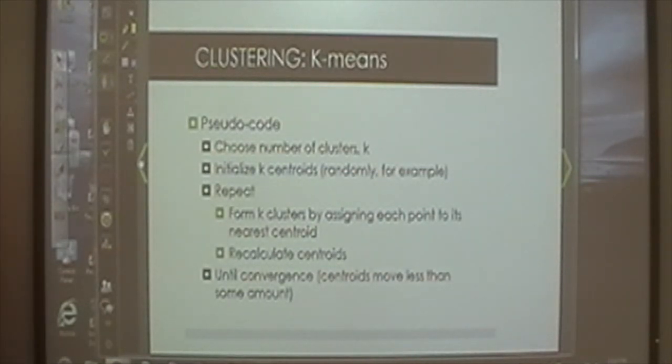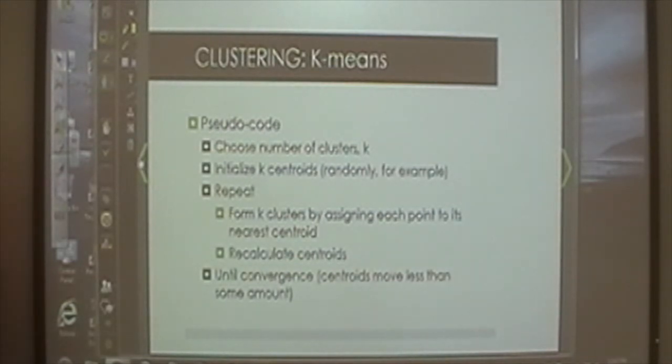We want to break this data up into 5 distinct pieces. And the basic idea is we're just going to initialize k centroids. So we're going to start with 5 points that are going to be your centers.